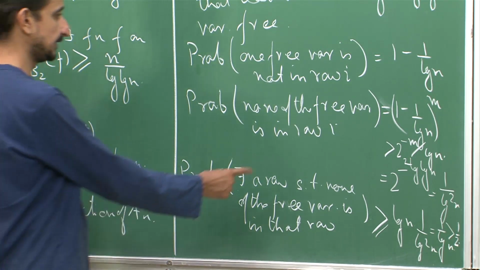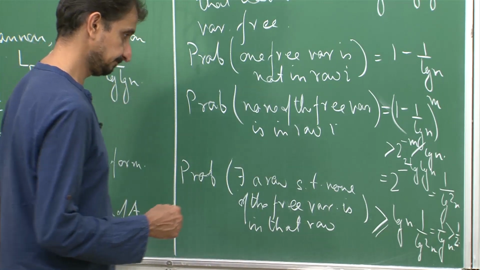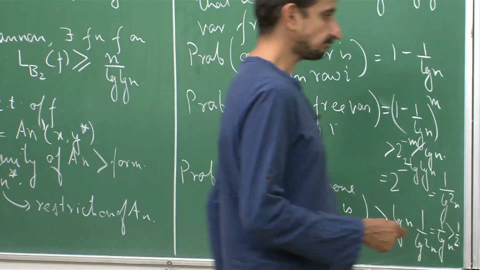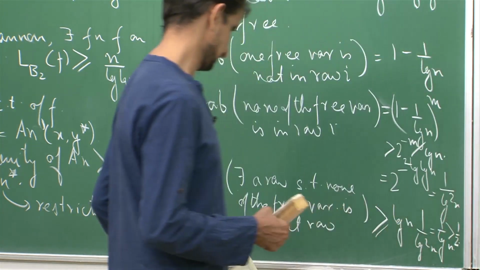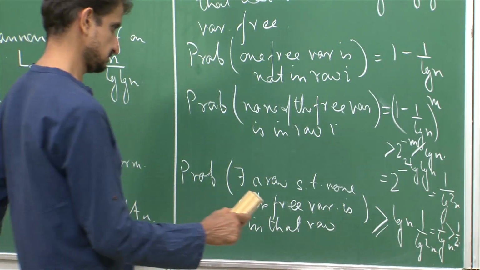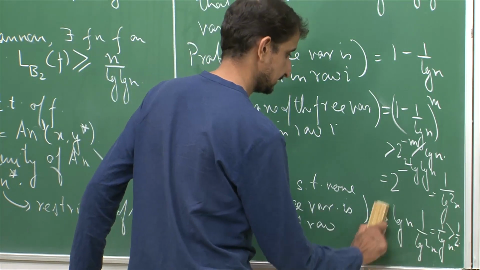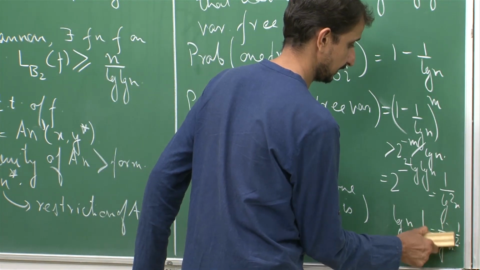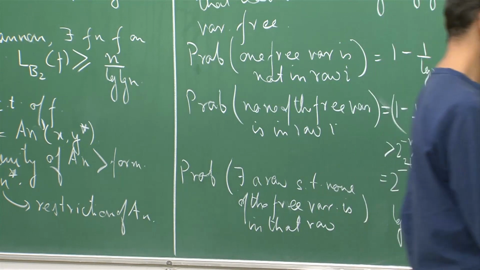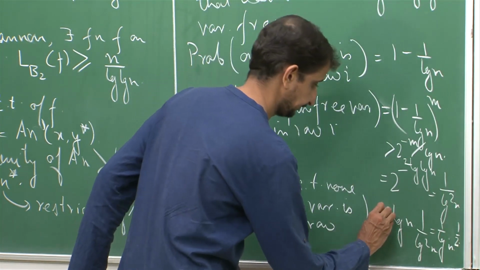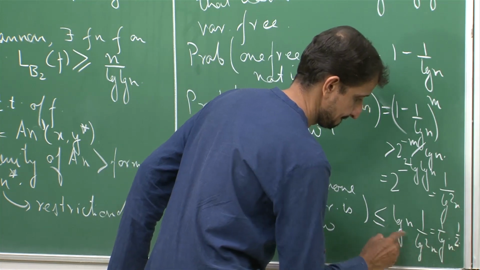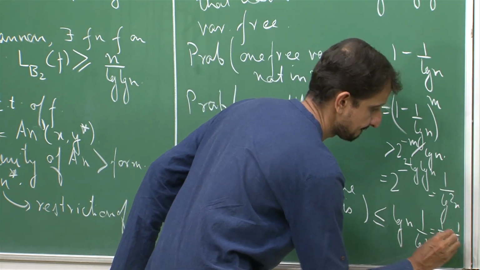Yeah, you are right. Actually 1 by log n is less than or equal to half, true.